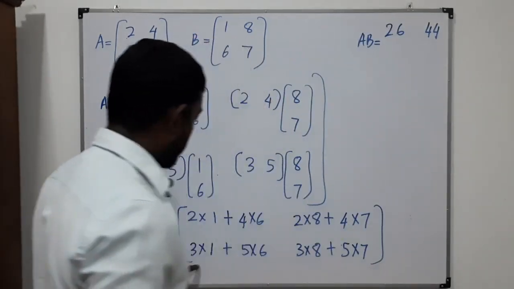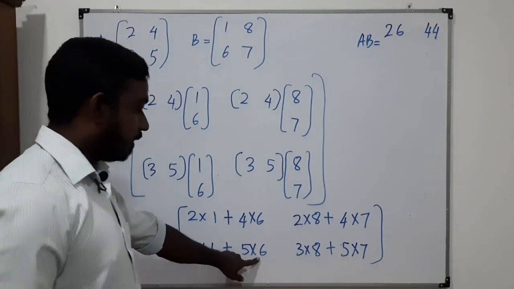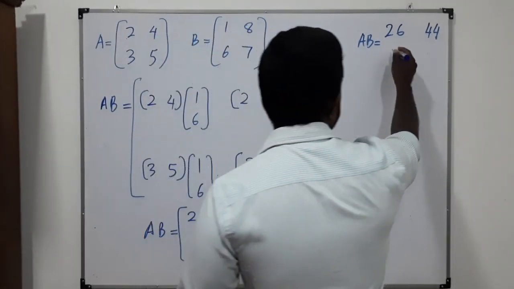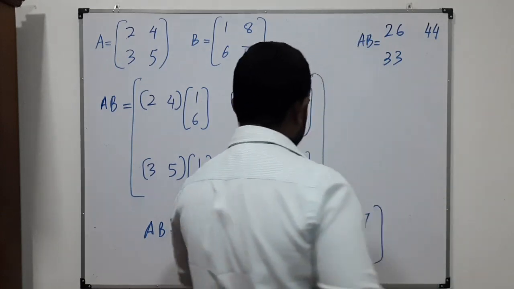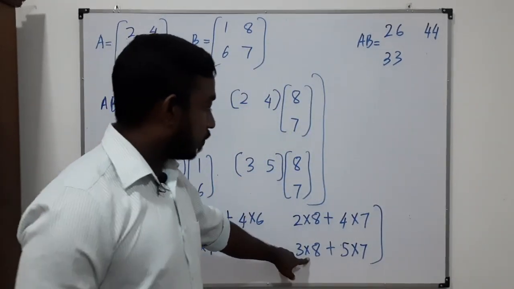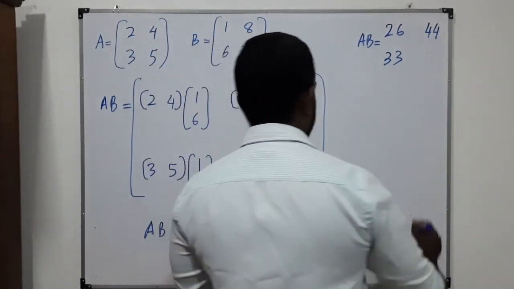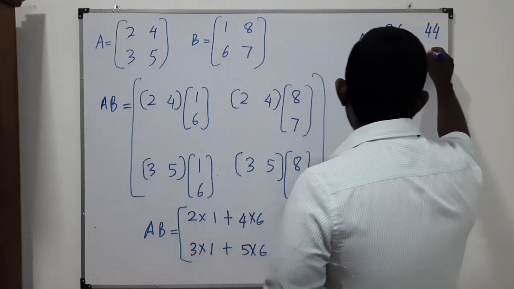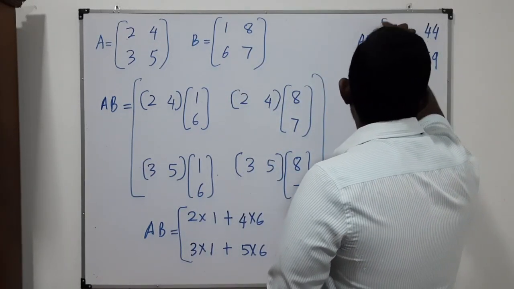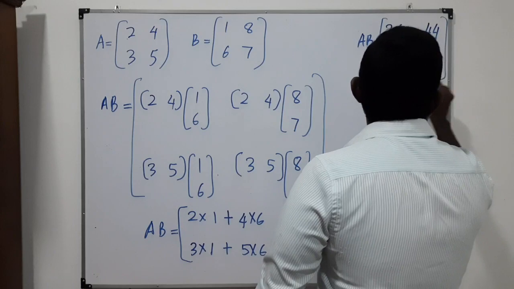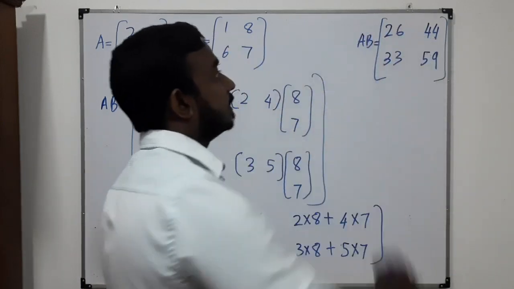Then 3 times 1 is 3, 5 times 6 is 30, then I can write it as 33. Then 3 times 8 is 24, 5 times 7 is 35, with that I can write the answer as 59. Now I can write down the final answer as this.